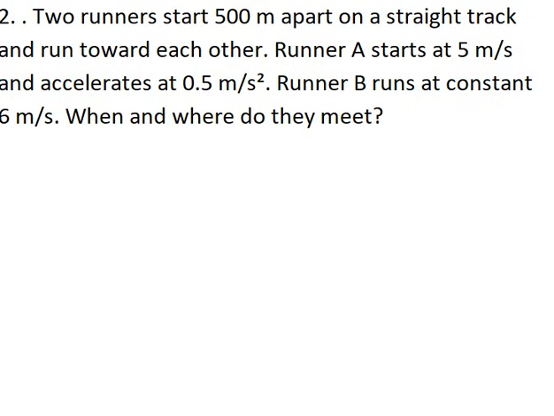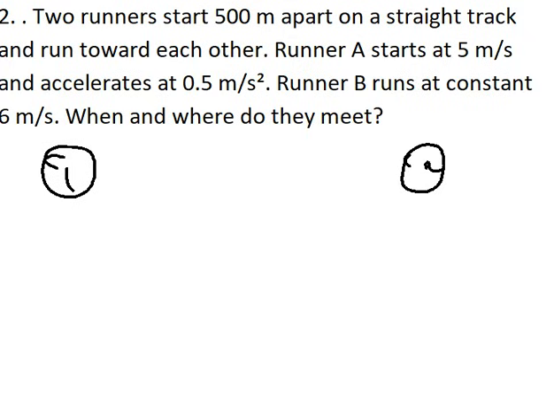And now let's say this is the question: two runners start 500 meters apart on a straight track and run towards each other. This is lane 1, and this is lane 2.